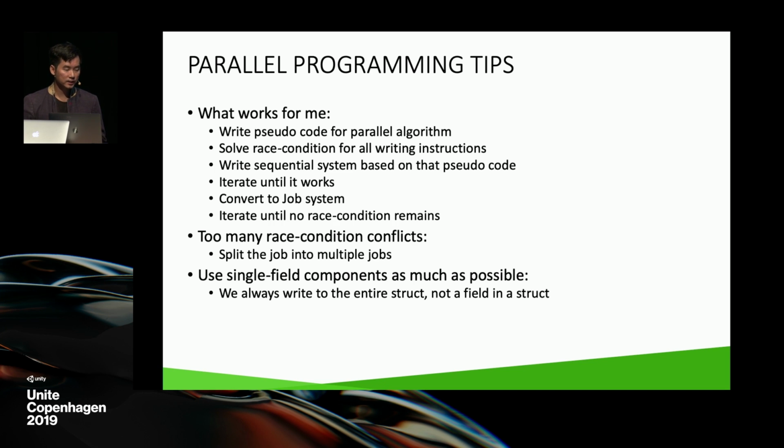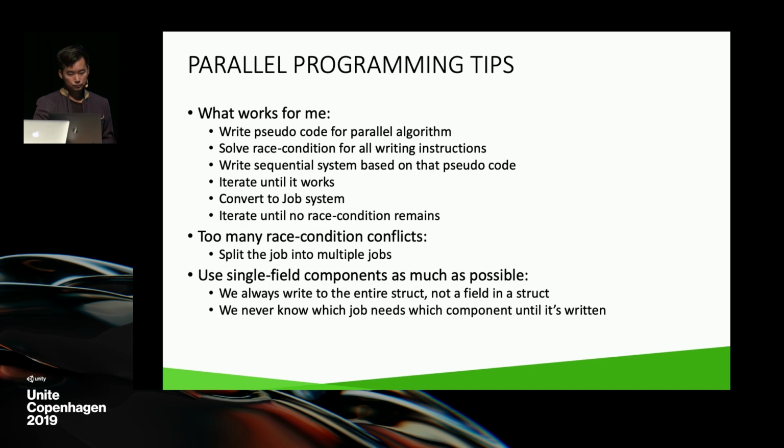I basically use 3 components instead of 1 component with 3 fields. Why is that? Because when we perform a write instruction to a component, every single field is written, not just the field that you want. So it creates more chances of race condition. You have to check for all the 3 fields instead of just the field you want to write.